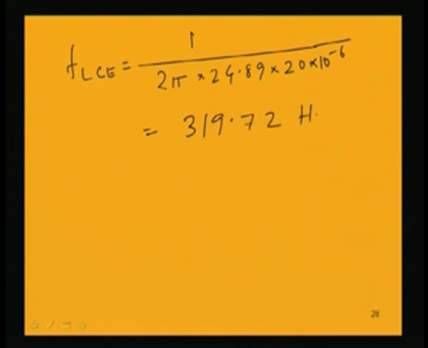319.72 hertz. So, now we have three lower cutoff frequencies FLCS, FLCC and FLCE. The lower cutoff frequencies are due to the coupling capacitors CS, CC and emitter bypass capacitor CE. So, these values we have found to be equal to 6.71 hertz.